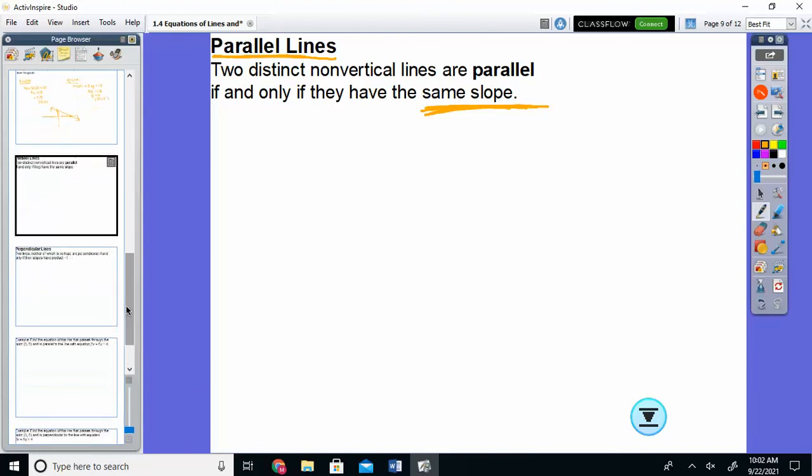What's true about perpendicular lines? They eventually touch. And when they touch, what do they form? A 90 degree angle. Yes. Perpendicular lines meet at a right angle.